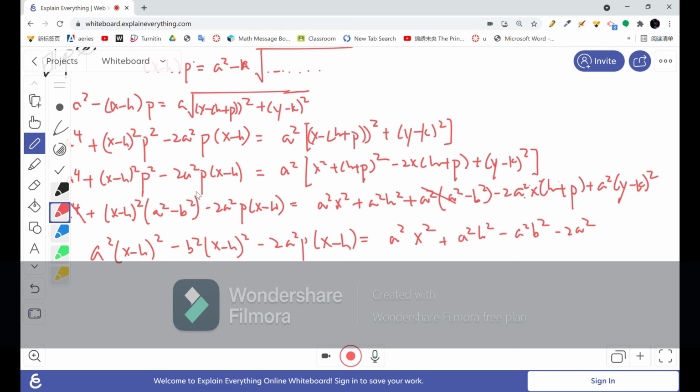Well, we have 2a squared p, but we want 2a squared x, right? 2a squared xh, minus 2a squared xp, then plus a squared times y minus k squared. So is there anything that we can cancel out?